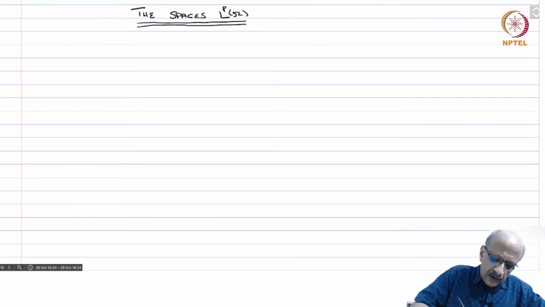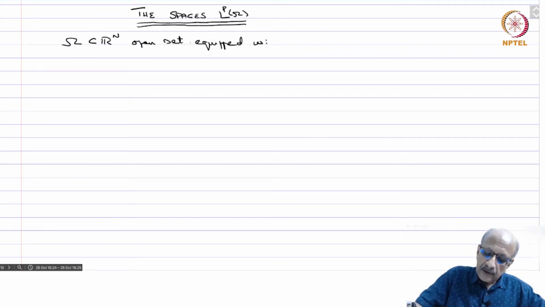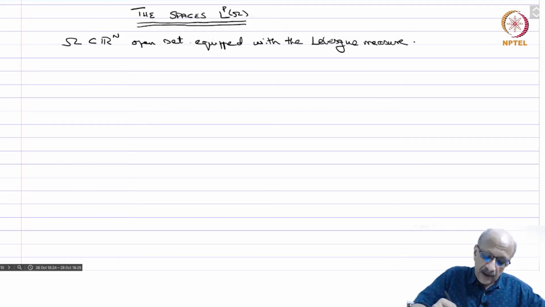As I already said earlier, Ω in R^n is an open set, and equipped with the Lebesgue measure. So the set X is Ω, the sigma algebra is the Lebesgue sigma algebra, and μ, the measure, is the Lebesgue measure.